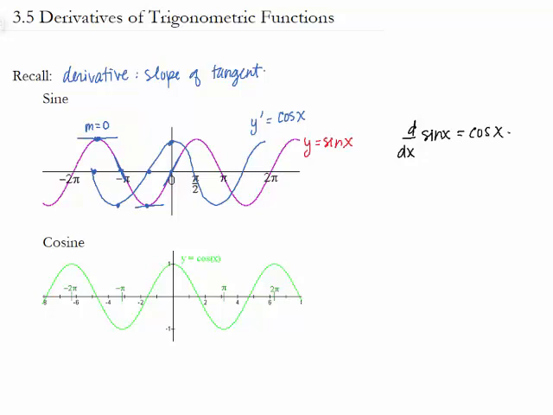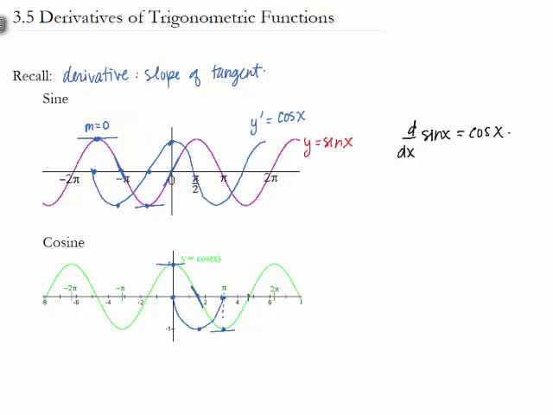Surprising. Let's try cosine. What's the derivative of cosine? Well, at 0, the derivative is 0. At pi over 2, we have a derivative, a slope of a tangent line, which is negative 1. At pi, the derivative is 0 again. So we have these negative values of the first derivative.